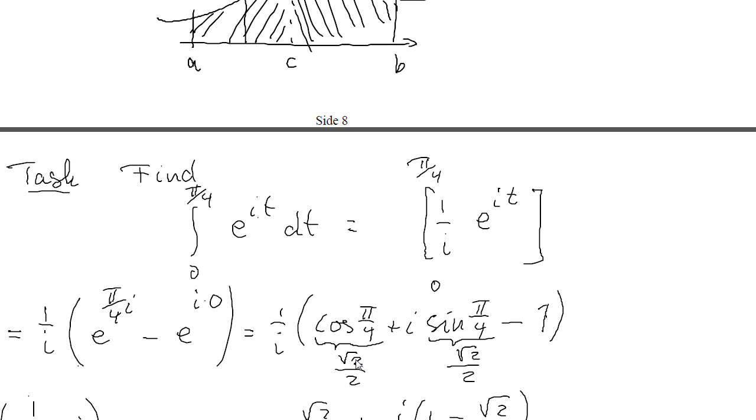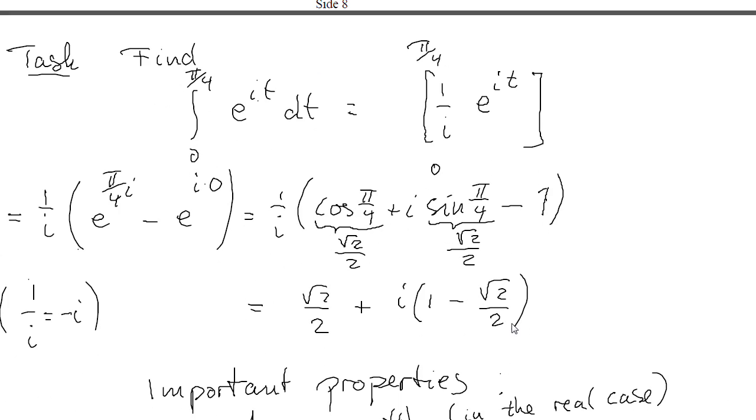Here we also recall the table values presented to you before, that the cosine of 45 degrees is the square root of 2 over 2, and the same for the sine value.